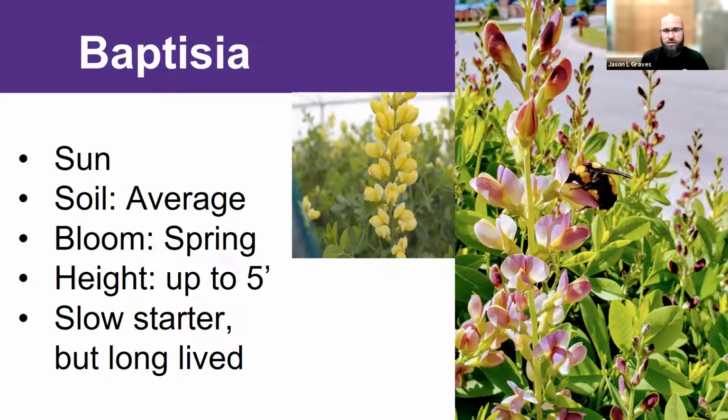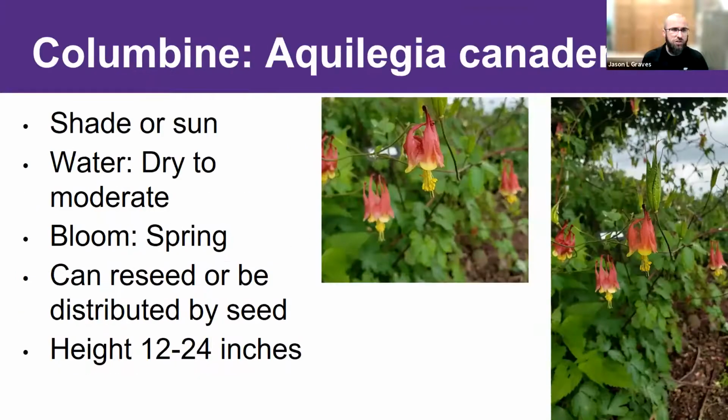I've seen it in a lot of gardens around Salina, and it does really well. Once it's established, it's very long lived, but it's a slow starter. But I see bumblebees on it all the time. That's primarily why I really enjoy it, because it seems to draw in those bumblebees a lot. So consider using that in your spring planting.